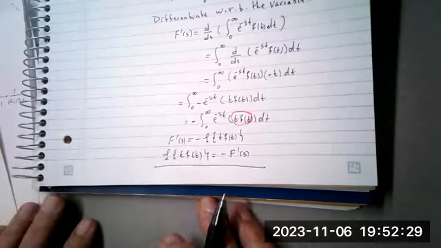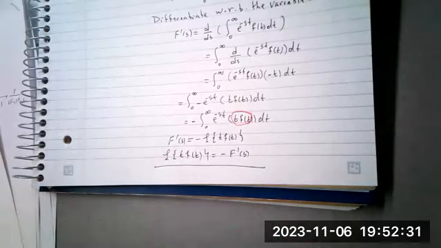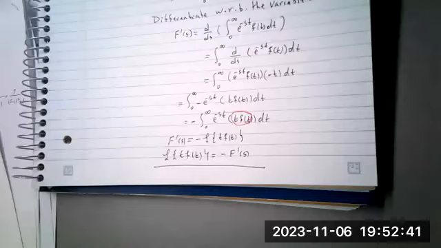Laplace of t f of t is going to be the negative derivative of the Laplace of the function f of t. So the Laplace of t cosine t is going to be the negative derivative of the Laplace of the cosine.